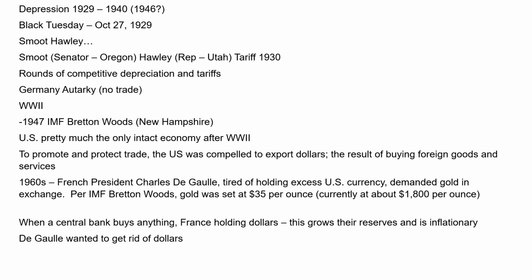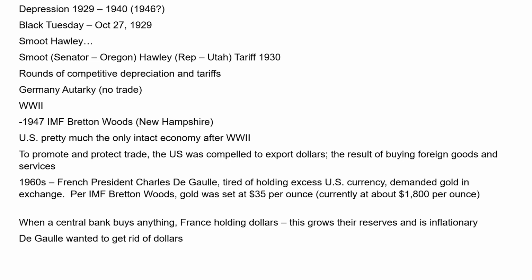Black Tuesday occurred October 27, 1929. That was the kickoff date, if you will, for the Great Depression. Smoot-Hawley, the tariff, was passed in 1930. So you had these competitive rounds of competitive depreciation of the currency and tariffs, and it was just an absolute mess.